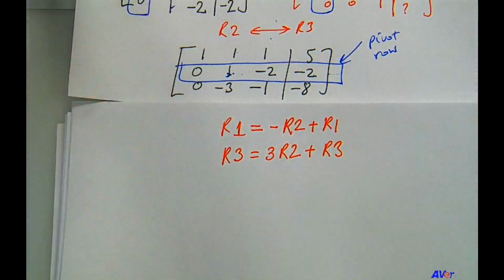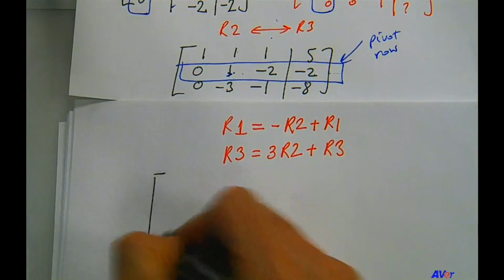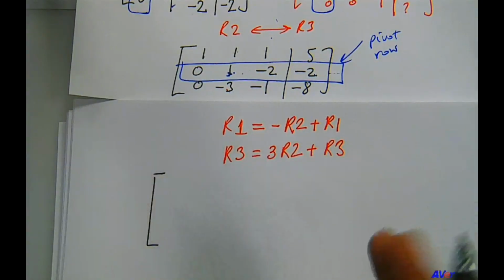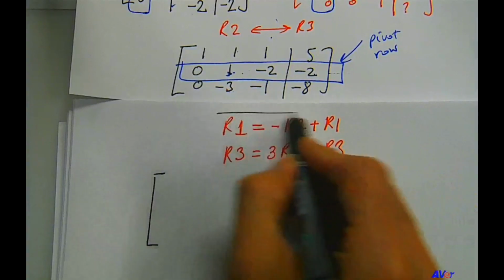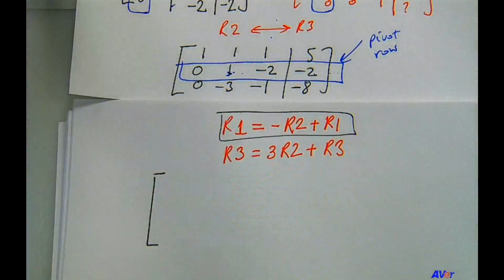Okay, so now it would be a good point for you to pause the video, use these row operations to write down the next matrix, then come back to the video and compare your work with what I'm going to write down. Okay, I'm assuming you've done that. Great. So we're going to use this row operation first.